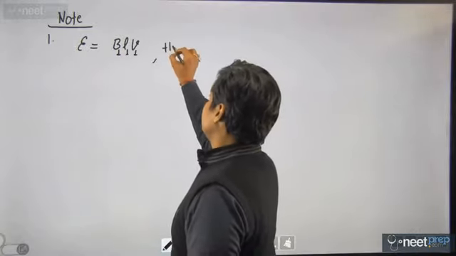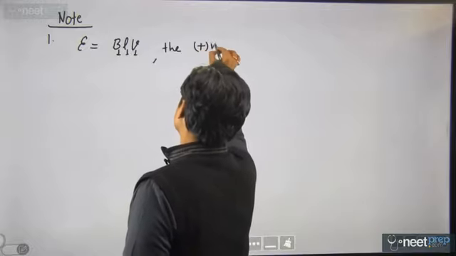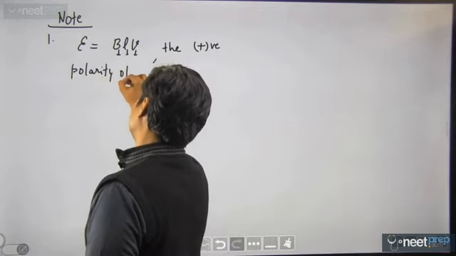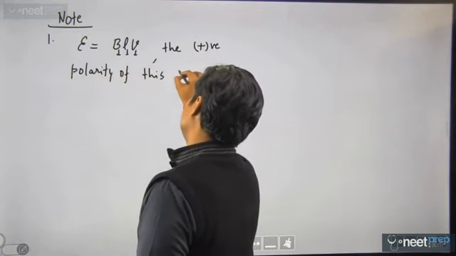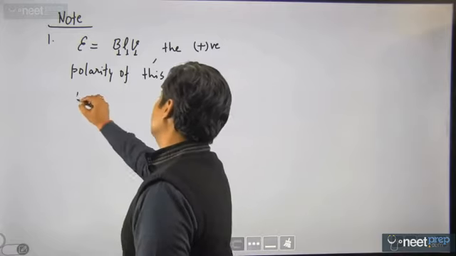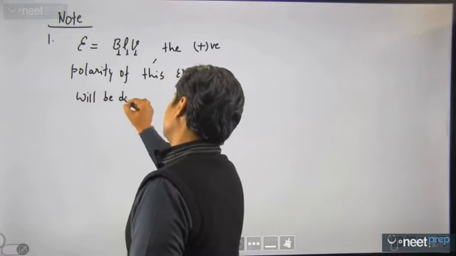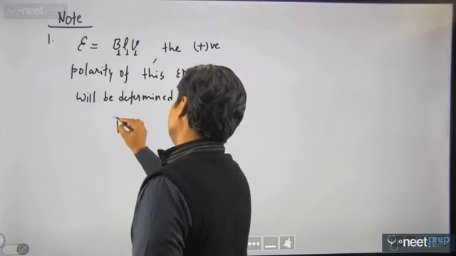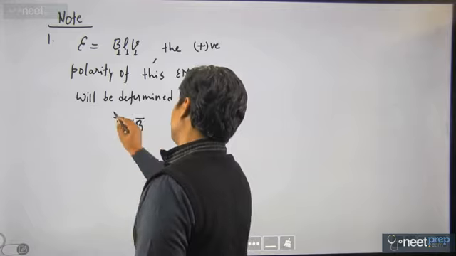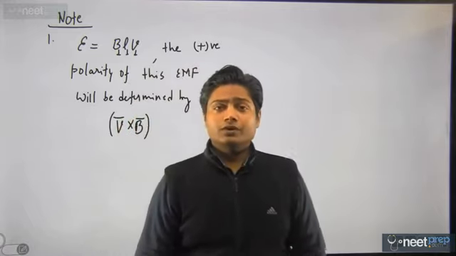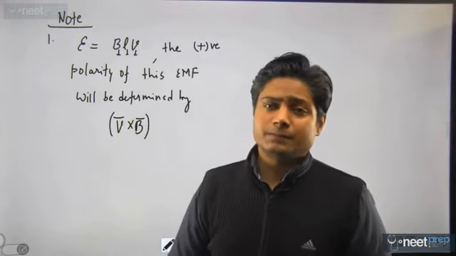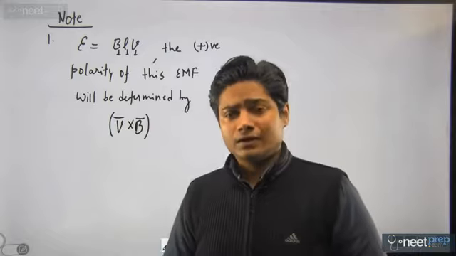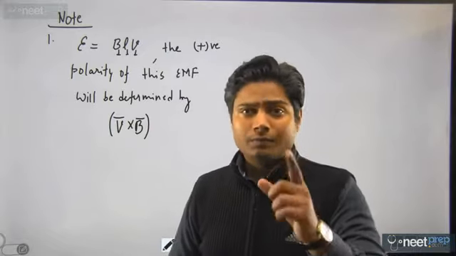The positive polarity of this EMF will be determined by V cross B. So if you want to determine in which direction there will be a positive polarity, then take the cross product of velocity and magnetic field; the direction in which your thumb points will be the positive polarity.